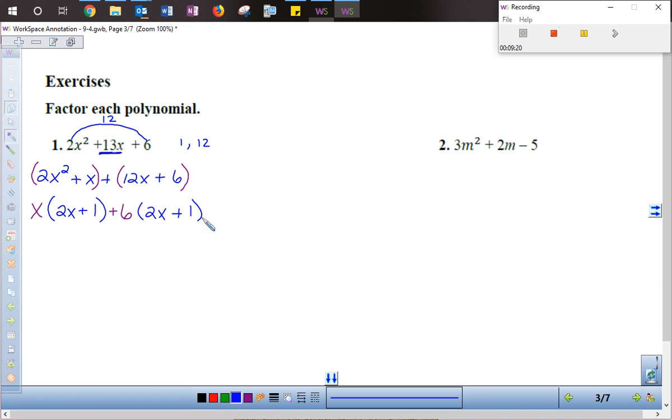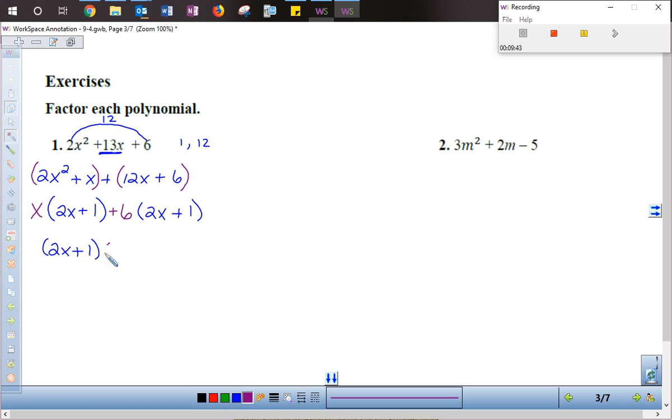At this point, I want you to stop and look at what we have in our binomials. My first binomial is 2x plus 1, and my second binomial is also 2x plus 1. They're the exact same, which is what we're wanting. So since they are the exact same, we're going to bring them down, and that's what we write first, 2x plus 1.